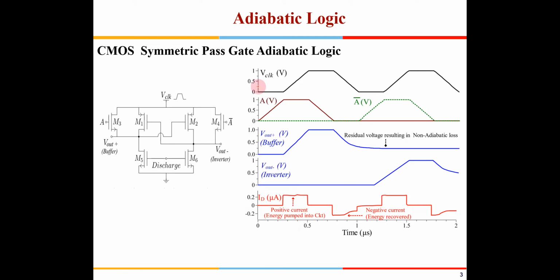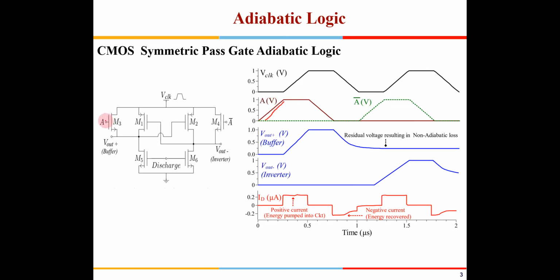Right. Now what is happening is, if you see here, the clock initially, I have given A. Again all the signals in an adiabatic circuit will not be steep signals, they will all be slow ramp signals. So now if you see here, A has gone high. Initially this clock is 0, right?